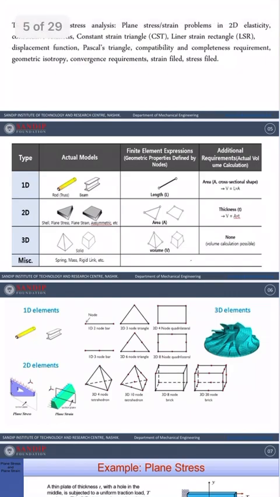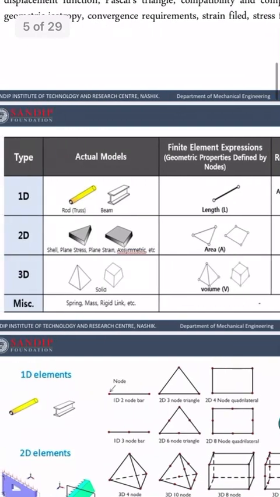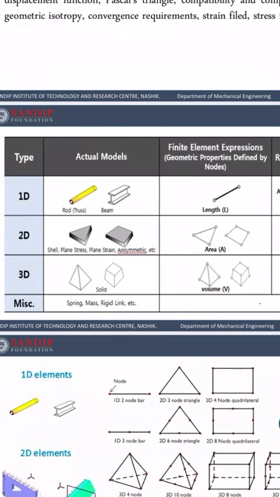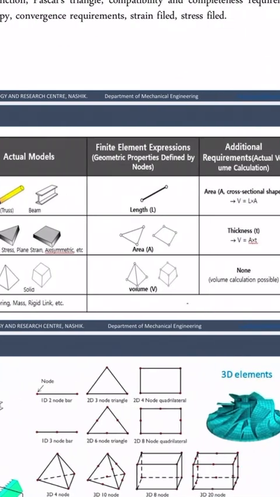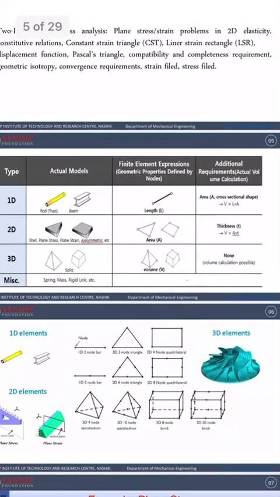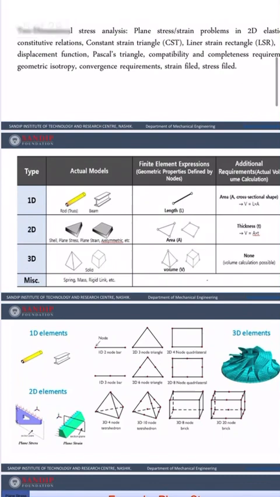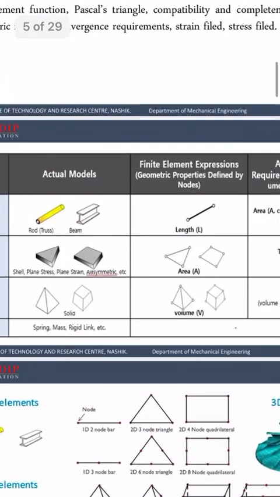We will see the basic difference based on the actual model, finite element expression and additional requirements. First we will distinguish the one-dimensional, two-dimensional and three-dimensional elements based on actual models. For example, the actual models consist of a rod or truss problem, or a beam problem. This is considered to be a one-dimensional problem.